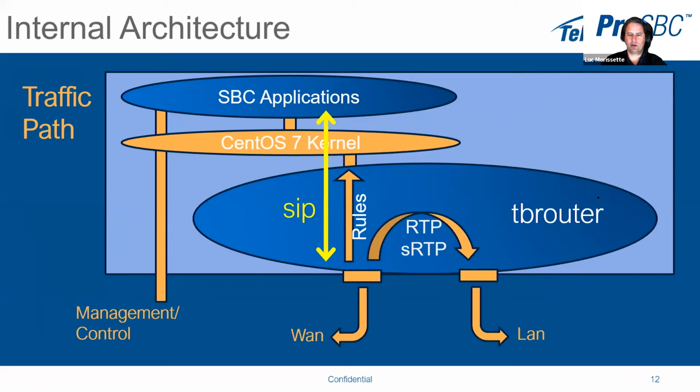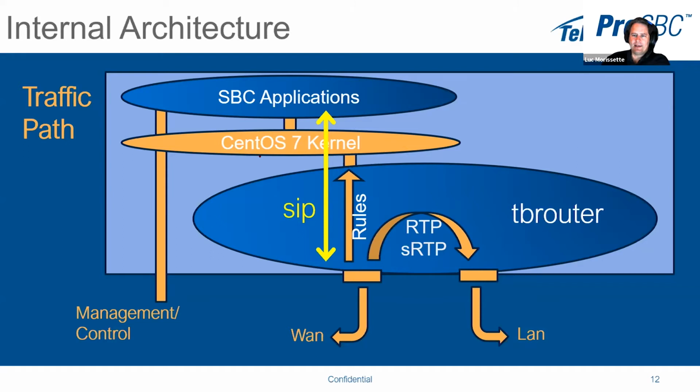All right, now if we look at the internal architecture of the SBC, this system can be bare metal or any other system here. We only look at the SBC portion of the system.